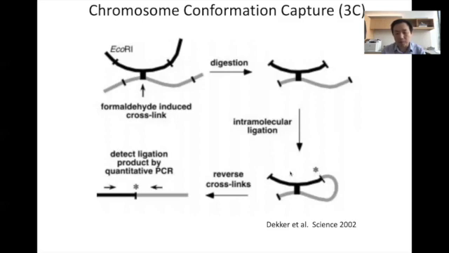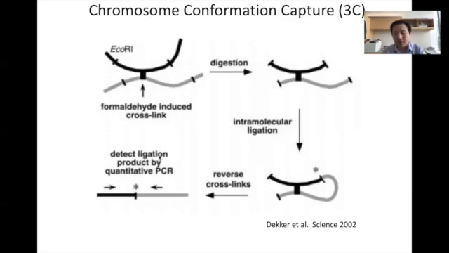In the last step, you reverse the cross-links, remove the proteins, and you have a product like this. Ideally, this is from a different part of the genome. All you need to do is design primers and then do qPCR to get these interaction frequencies. So 3C resolution, as you can tell, because you design primers to do qPCR, is really base pair resolution, giving you high resolution results.